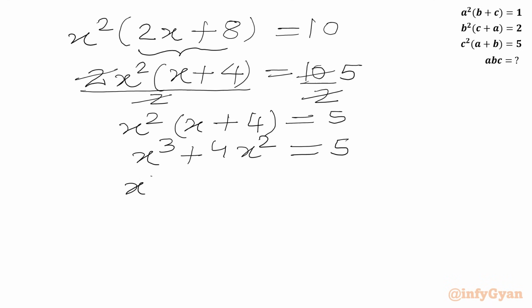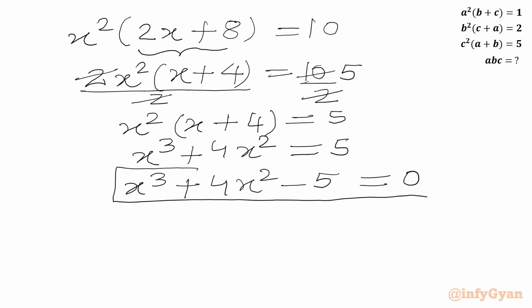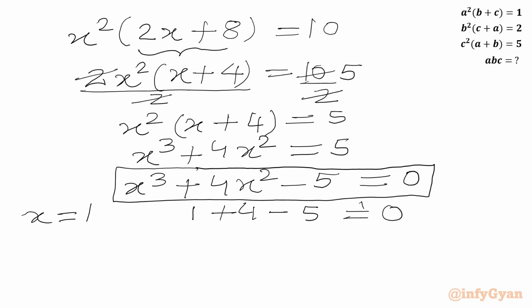Or we will write here one cubic equation, x cube plus 4x square minus 5 equal to 0. Now this is one cubic equation. If I plug in x equal to 1 here, we are going to get 1 plus 4 minus 5, which is satisfying our equation. So we will say x equal to 1 is one solution to this cubic equation.